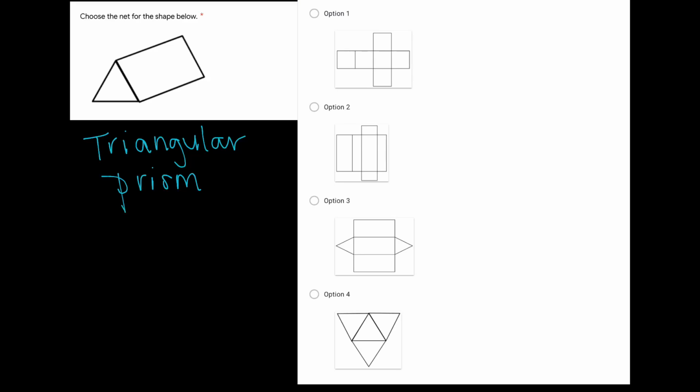You can use our lesson notes to look back at to find the net that would make this 3D shape. All right, if you were to unfold this 3D shape, what net would you get?